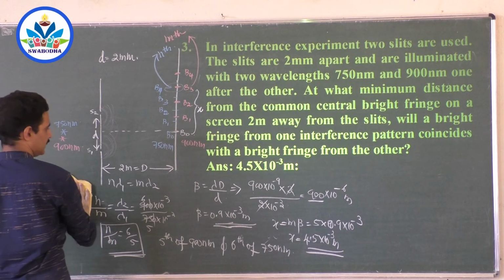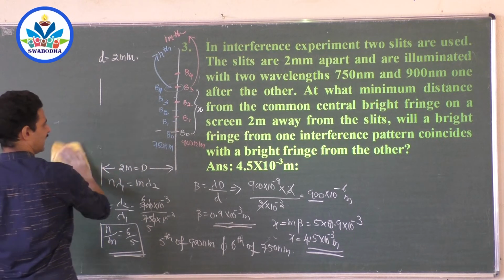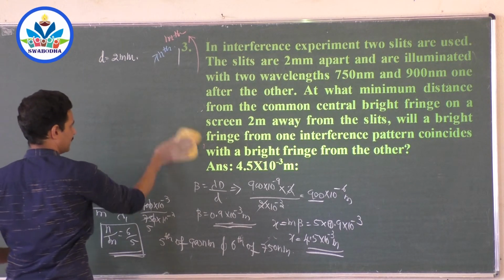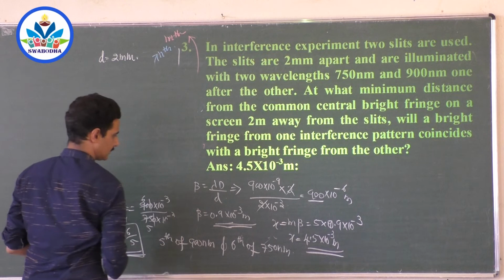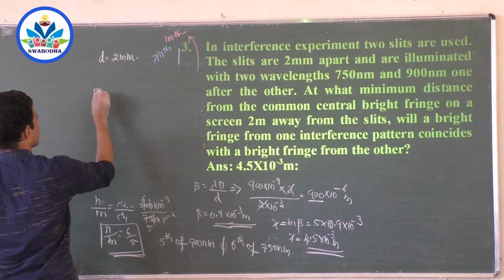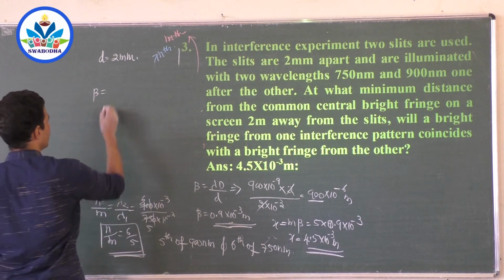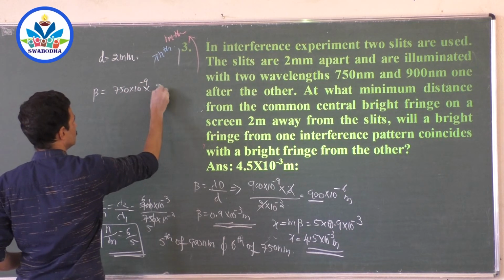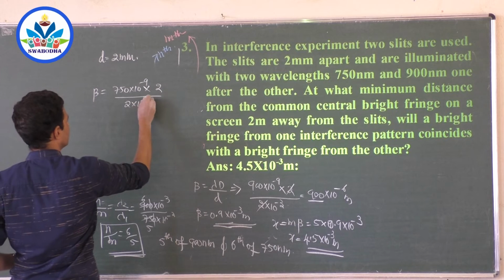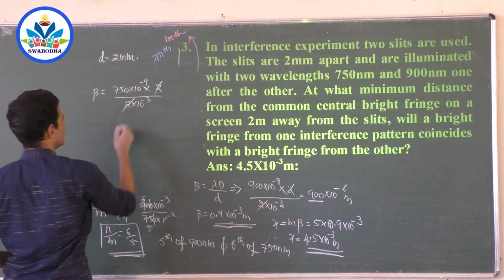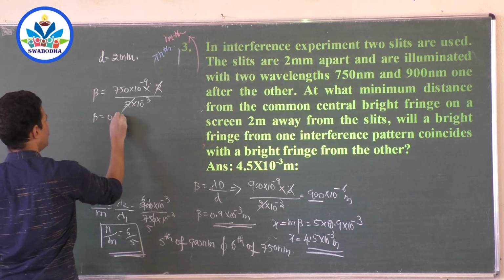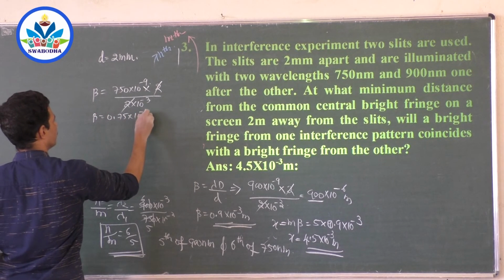I will take 750 nanometer. I will rub this diagram, it is consuming space. Will it be at the same place, sir? Yes, the distance should be same. Beta for 750 nanometer: lambda 750 nanometer, capital D 2, small d 2 millimeter. Gets cancelled, so beta is 0.75 millimeter.